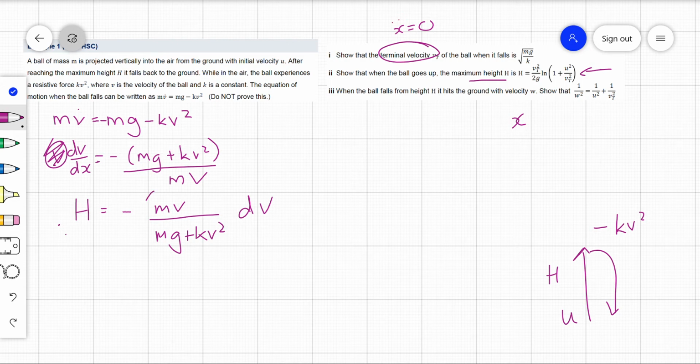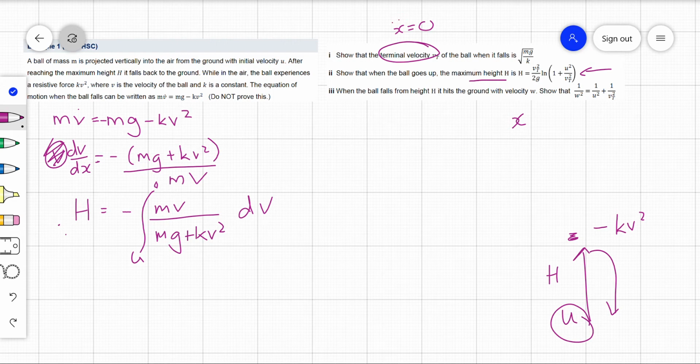I'm going up this time, so my velocity starts at u, and it'll finish when it turns around at 0, so that will be u to 0.